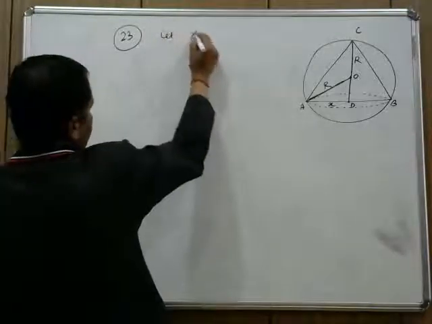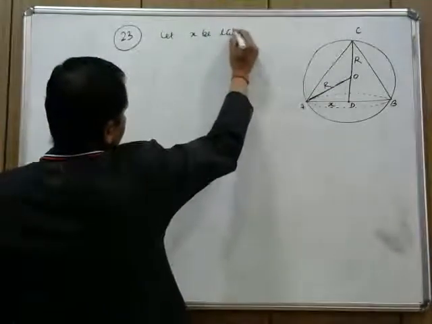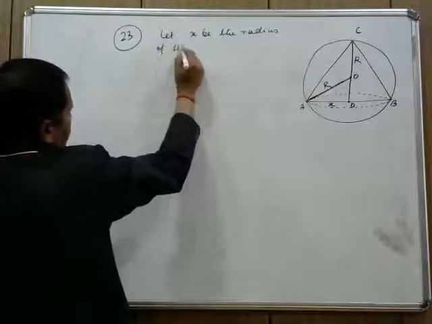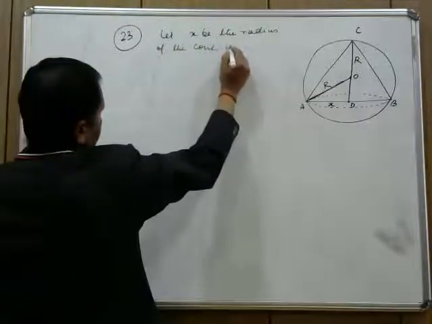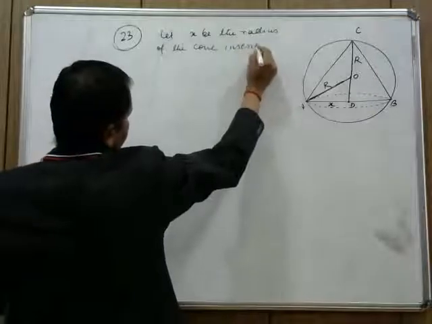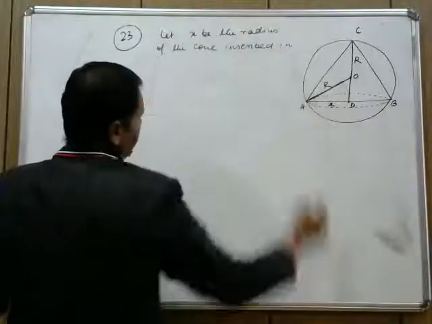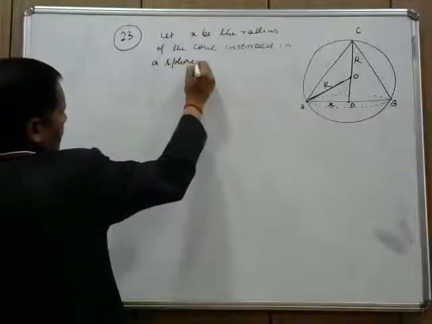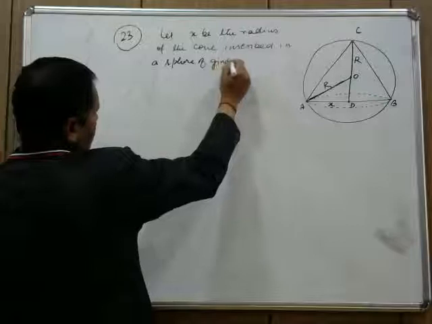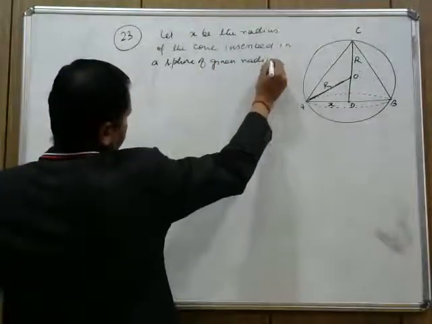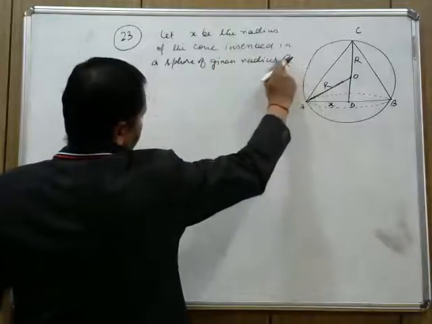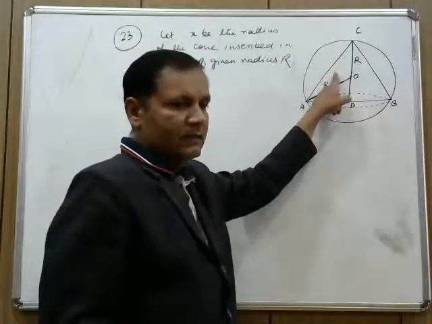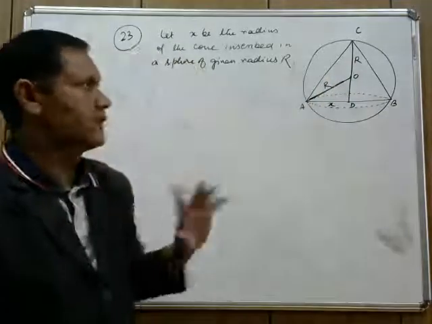Let x be the radius of the cone inscribed in a sphere of given radius R. Right? Now this R is given, that's why I am not going to differentiate with respect to it.